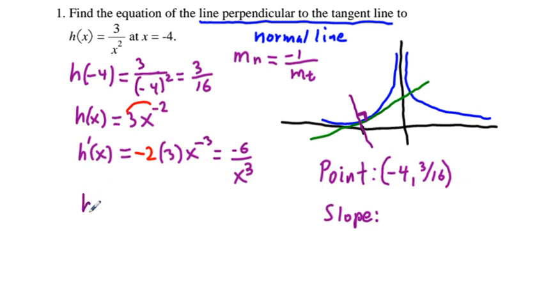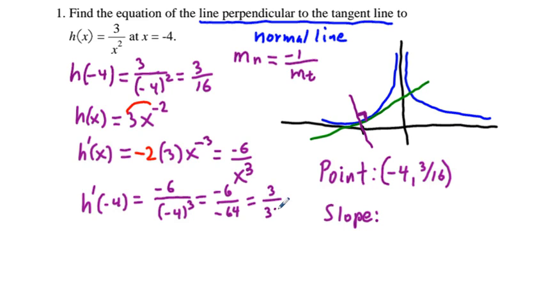And now plugging in our -4 to this, we get -6 over -4 to the 3rd power, which is -6 over -64. And that's going to be 3 over 32.